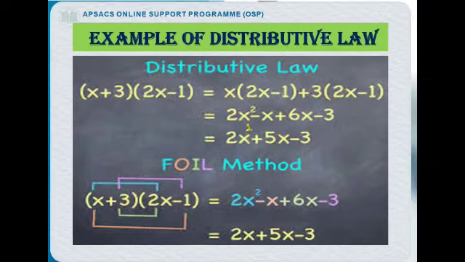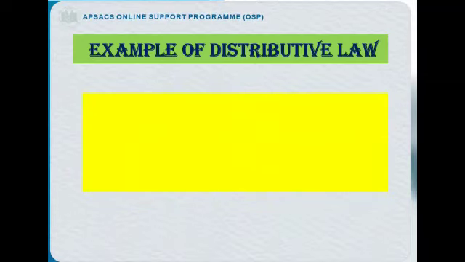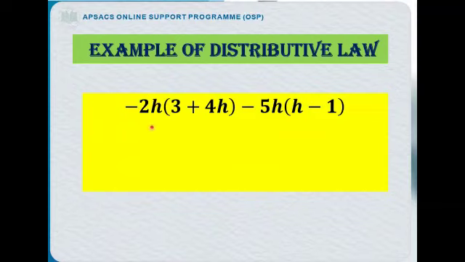Okay. Moving. Let's see. What does the question say? The question says minus 2h, 3 plus 4h, minus 5h, h minus 1. Clear? Now this minus 2h is going to multiply with this whole bracket, and minus 5h is going to multiply with this whole bracket.